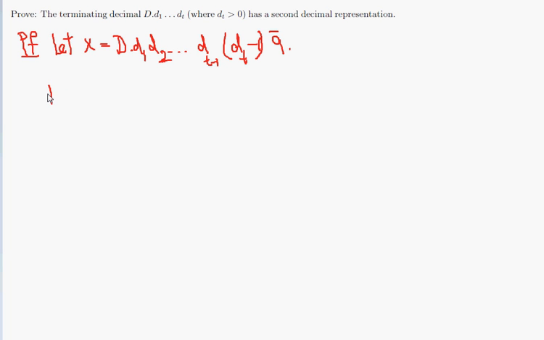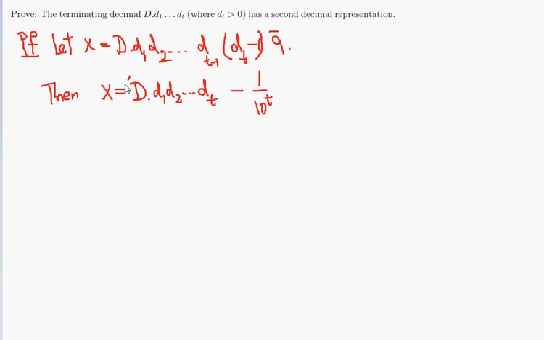Okay, then x is equal to, well, that's the first part, d1, d2 through d sub t. Now then I have a minus 1 over 10 to the tth power.